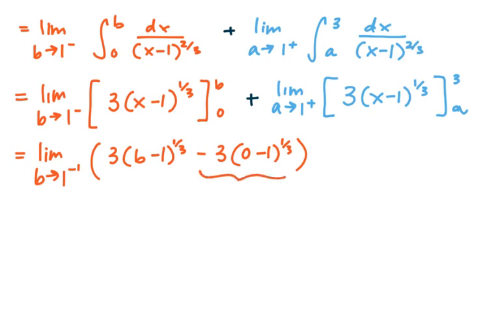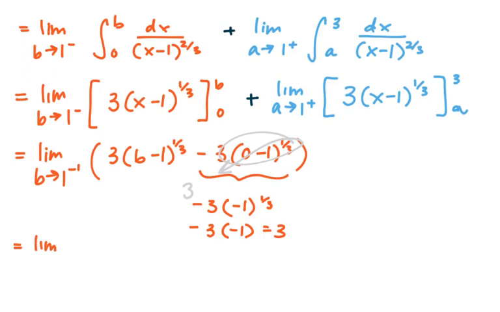And this piece, we've got negative 3. Since this has all numeric values in it, we can simplify it. That is negative 1 to the 1/3. The cube root of negative 1 is negative 1. So this value right here is going to go to 3. I noticed I just made a sign error there. That should just be a negative up here.